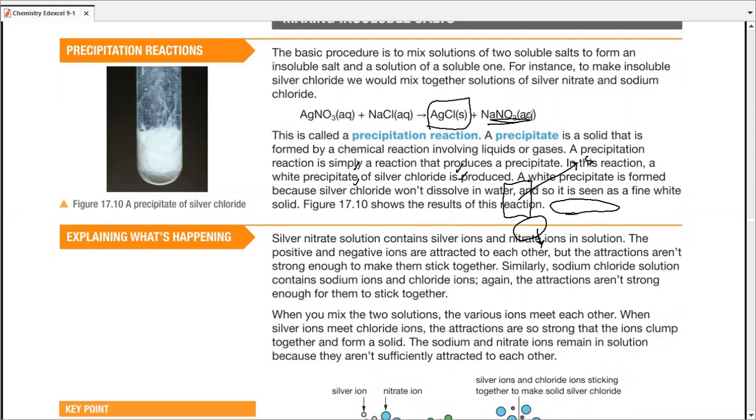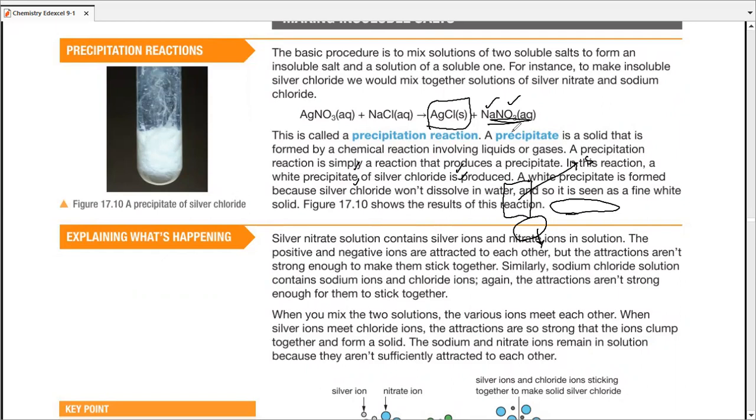This is not what we are interested in. So we're going to call both of these ions spectator ions. We're not interested in these. They are just the collateral product. I hope you understand the meaning of collateral product. When I say collateral product, it is the product that is formed because the reaction occurred. We were never interested in this product.